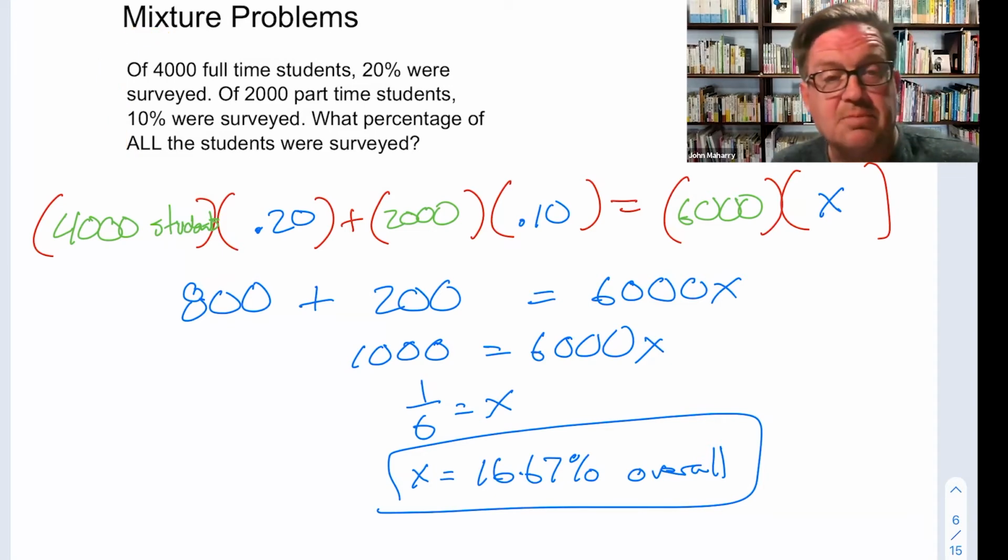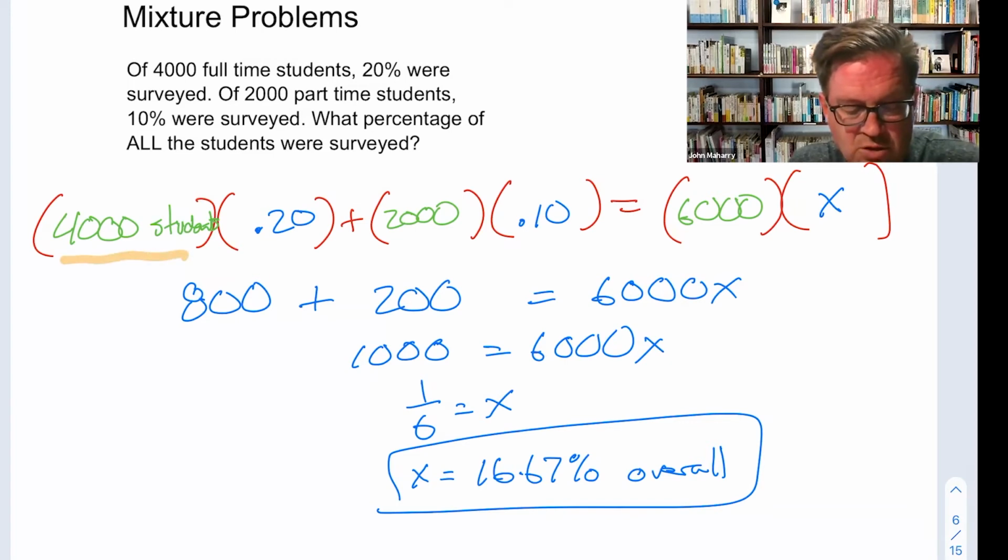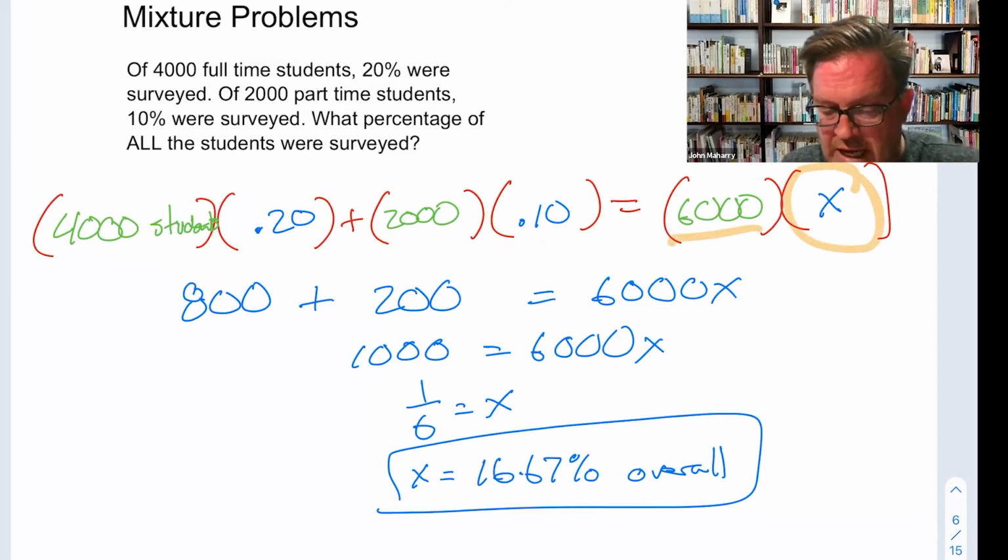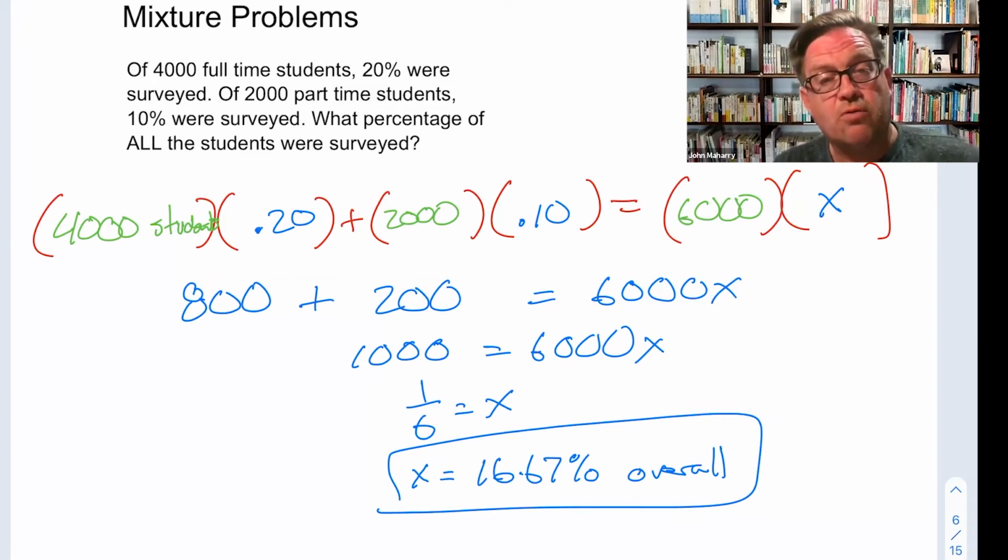And so you can set this up like we did before with the parentheses, and this many students at this rate and this many students at this rate combines to give you 6,000 students at some unknown rate. We don't know what it is. And if you do the calculations, the 20% of the 4,000 is 800, 10% of the 2,000 is 200, and you solve and you get x equals 1/6. So 1/6 of the overall student population, or 16.67%, was surveyed.